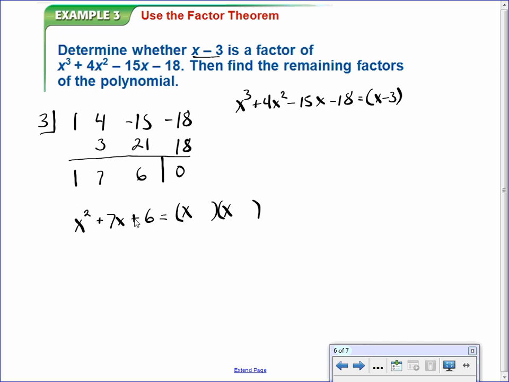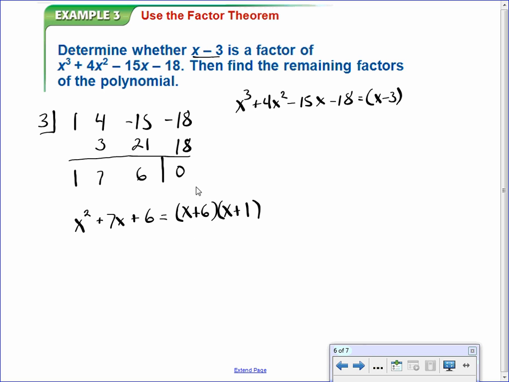Since this is a plus sign, it tells me that these signs are both going to be the same. Now, of course, if this were a minus, then the signs would be different, and we'd place our larger number in with whatever sign that is. Now, I just need to think of two numbers that would multiply to get me 6 and add to get me 7.